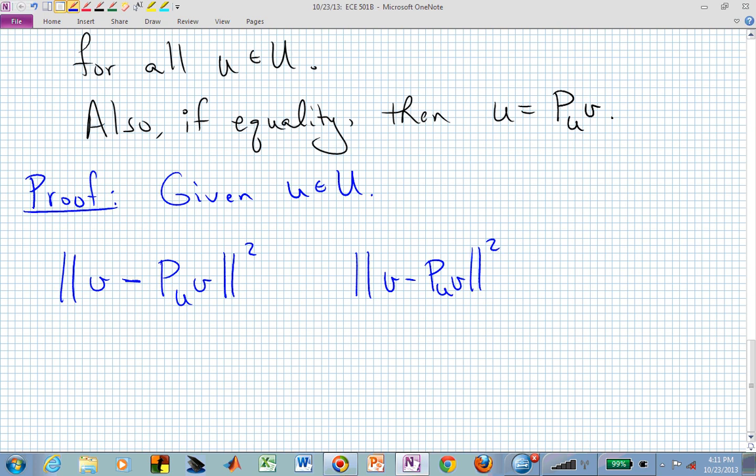But I can make the left-hand side less than the right-hand side if I just add a positive value to the right-hand side. And the positive value that I'm going to add is just a norm. And that norm is the projection of V onto U minus U. Now look at where these pieces actually live.